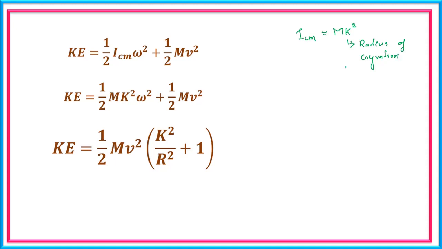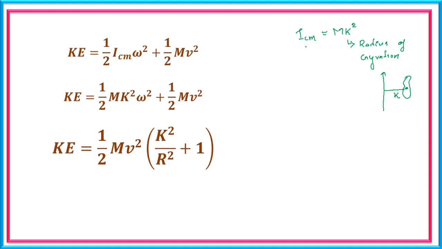Radius of gyration is the distance from an axis to a point in the body where the mass is assumed to be concentrated. That is, consider an axis here and we have a rigid body here, and let this be the center of mass. Then this distance is the radius of gyration k. We have defined it in our first video.